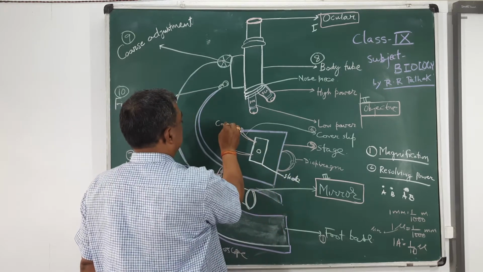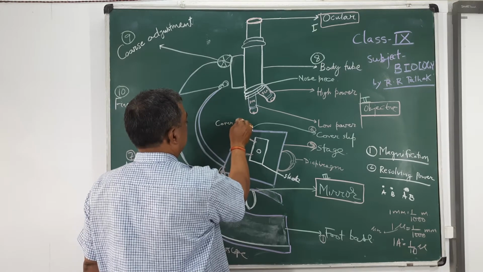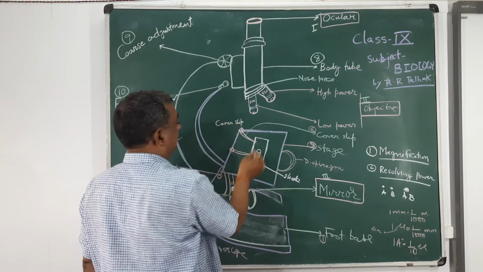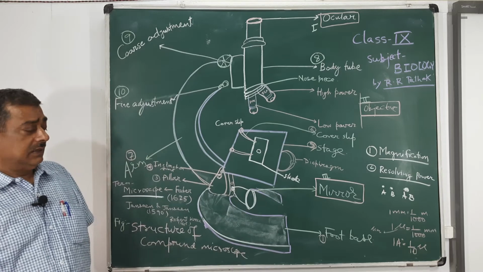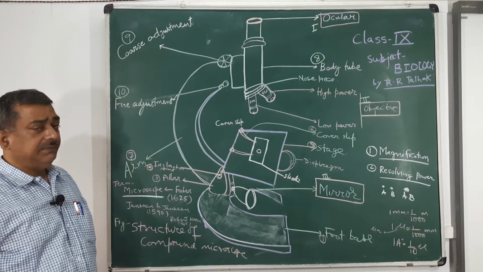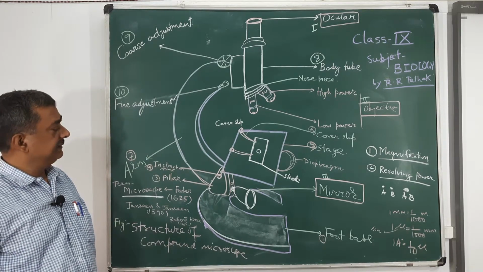The cover slip is very important to see the objects in the immersion lens.